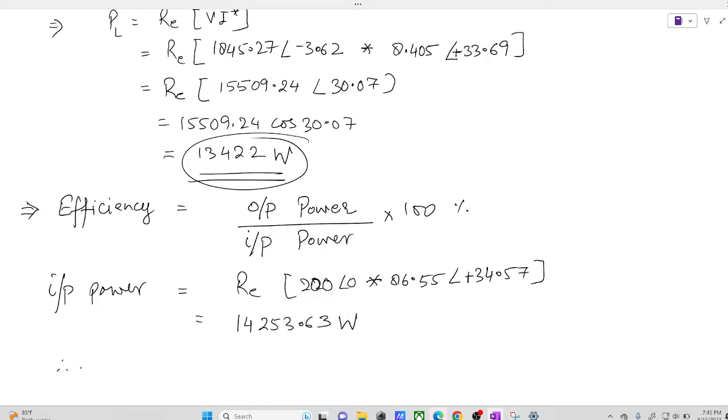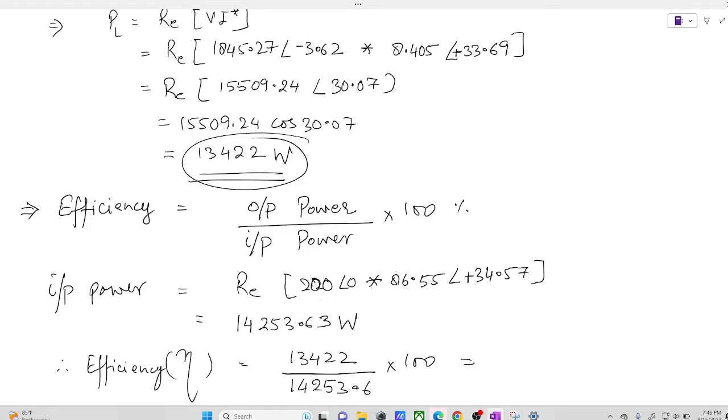Therefore the efficiency, which is denoted by eta, is given by 13422 upon 14253.6 into 100. Tell me what is the efficiency?